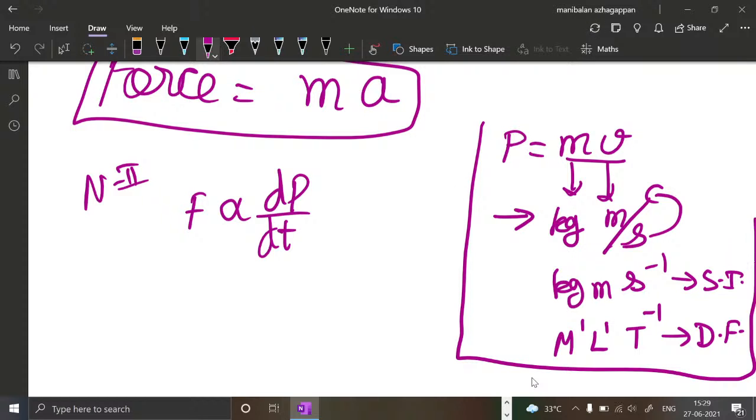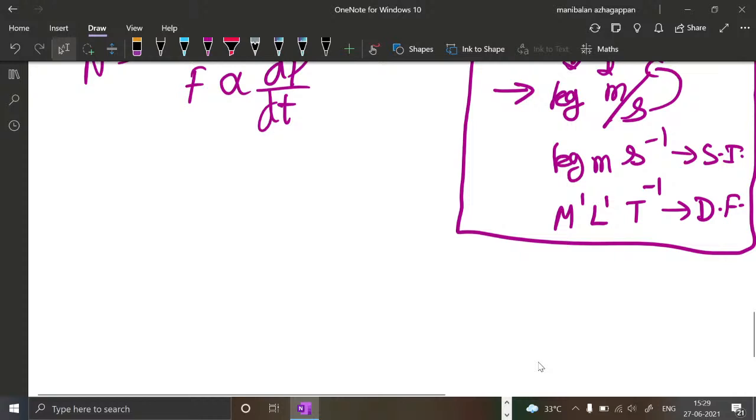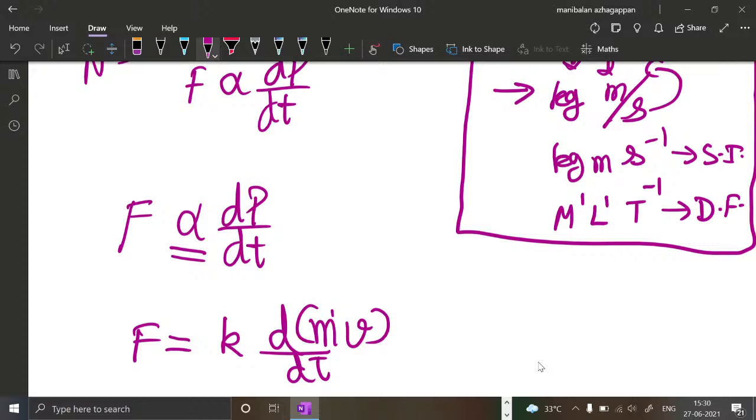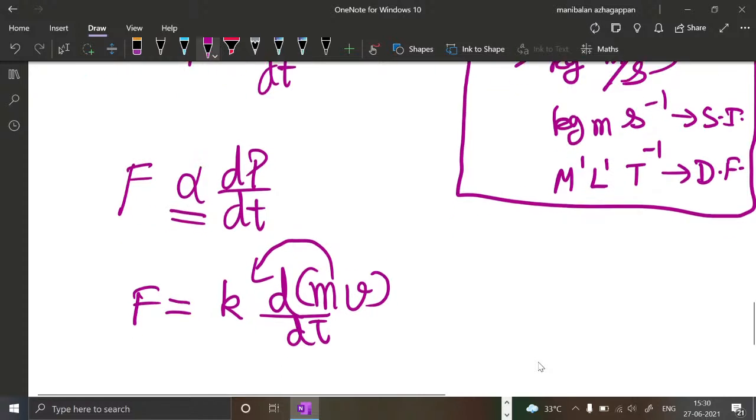Now we'll come to Newton's second law. Newton's second law says the applied force is directly proportional to the rate of change of momentum. Momentum is equal to mass into velocity. F is equal to k times d by dt of momentum. Momentum is mass into velocity, and mass can be taken outside as a common factor.